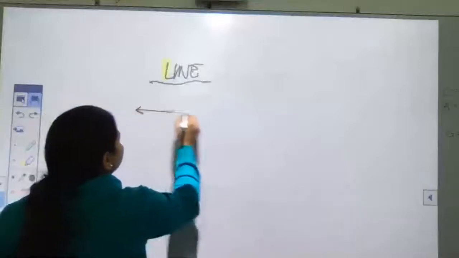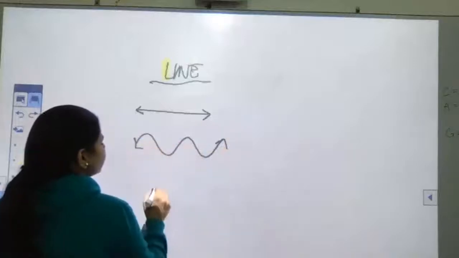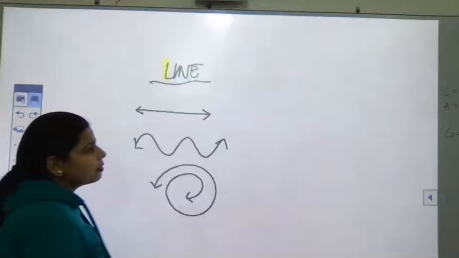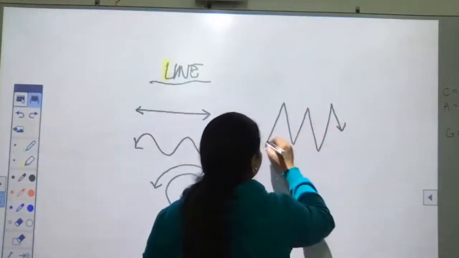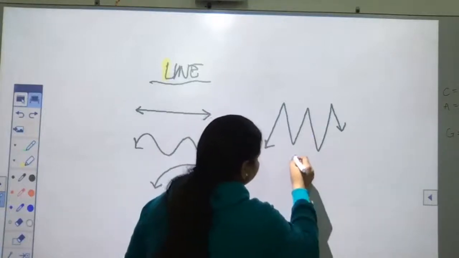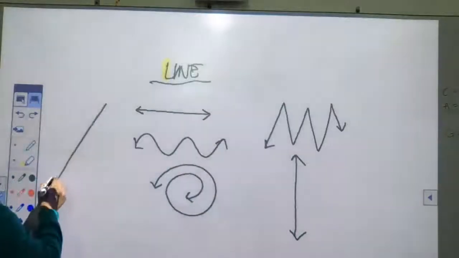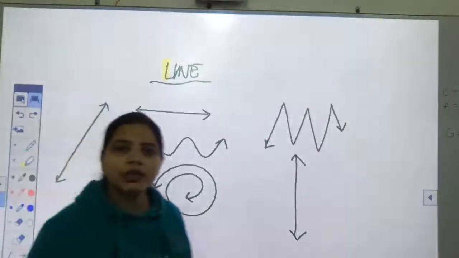Some are straight lines, some are curvy lines, some are spiral lines, some are zigzag lines, some are very straight standing lines, some are slanting lines. These are all different types of lines.